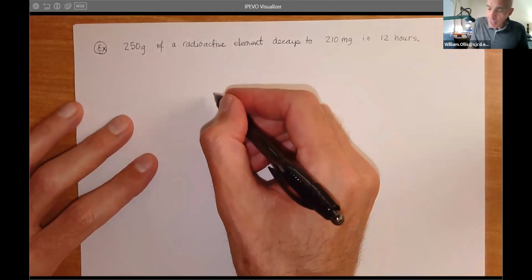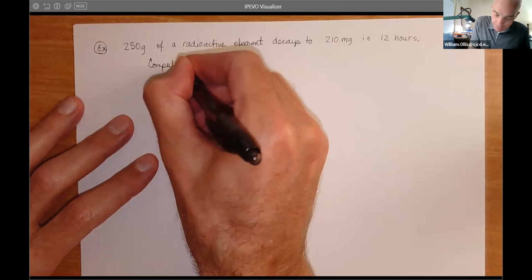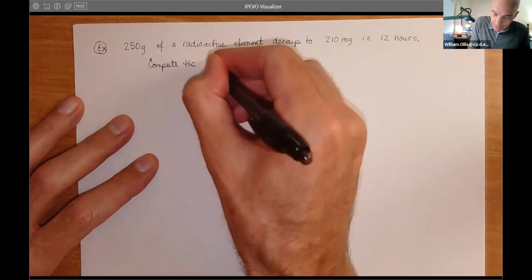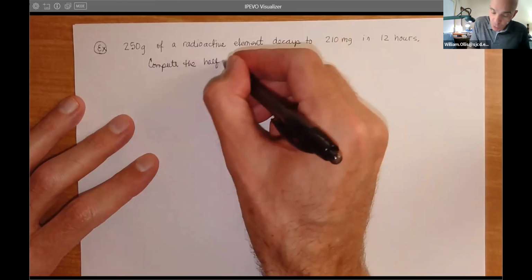And then what it says is compute, this tells us a lot, but it's a lot less words. Compute the half-life.